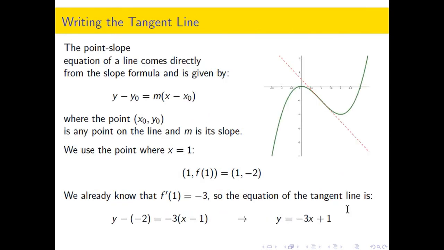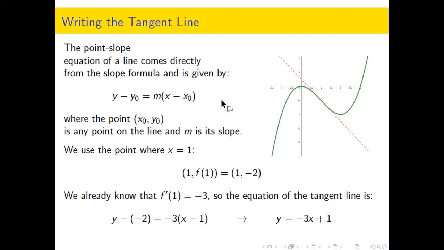That's 3 minus 6, which is negative 3. So those are the two approaches: calculating the derivative as a function and then plugging in, or we can take the limit as x approaches the x value we're interested in, in this case, as x approaches 1.